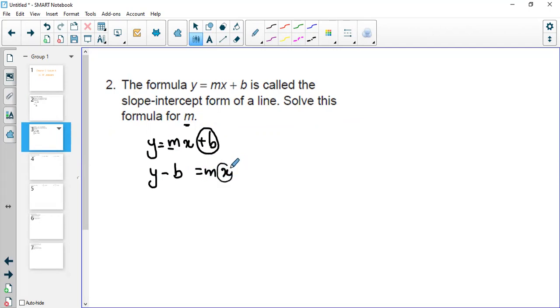So multiplied, when it moves to the other side, will become divide. So it's going to be y minus b divided by x equals m, or m equals y minus b over x. You write m on this side or on that side, both mean the same.